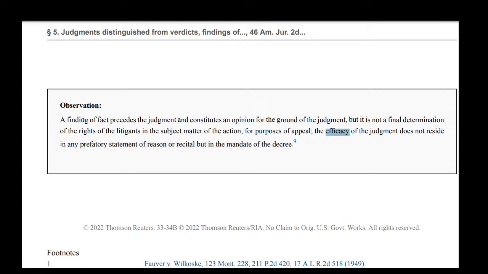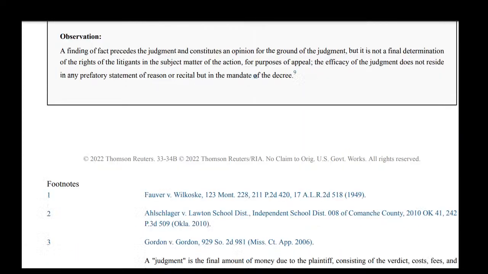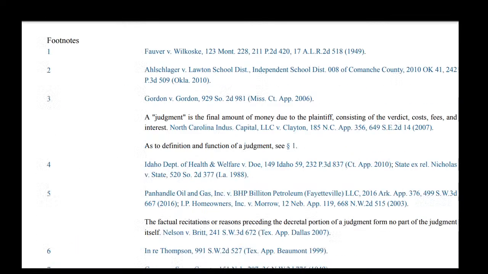So under what authority they can make that decree. Interesting here. And that's from footnote 9.